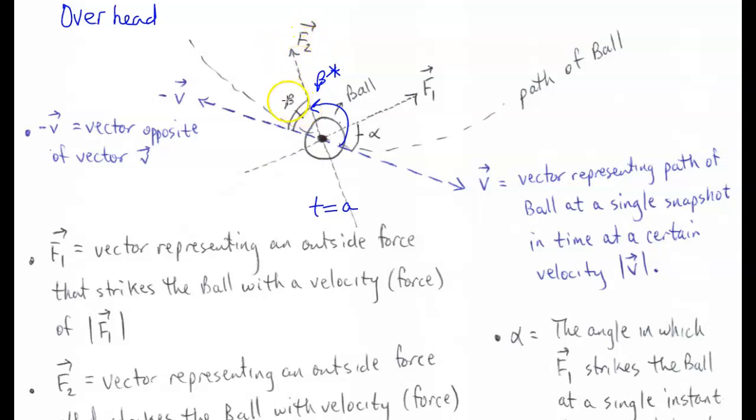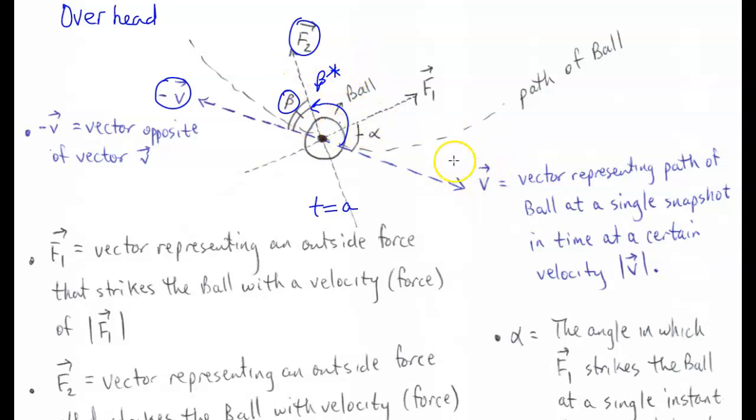Now, of course, beta is just a nice convenient way of saying, hey, I can also measure it as the angle in between F2 and the vector minus V. So saying it as the angle in between F2 and positive V is the same thing as saying the angle in between the vector F2 and minus V. So you could express it either way.